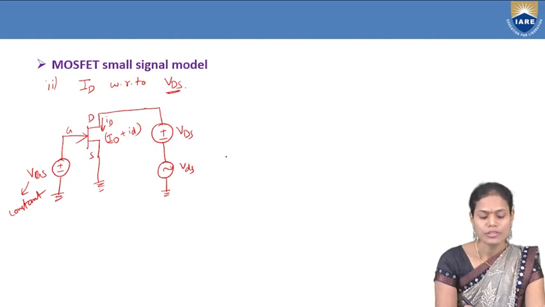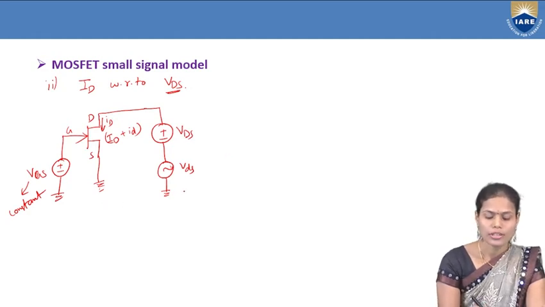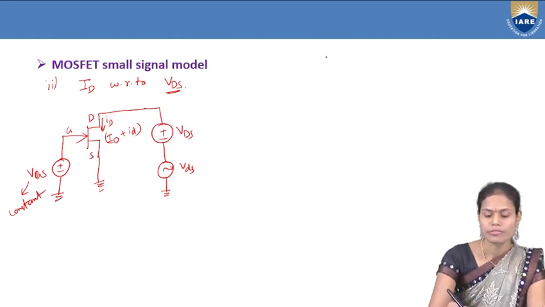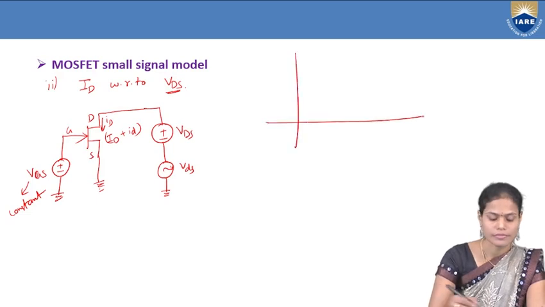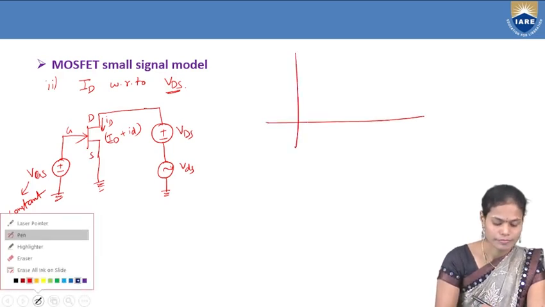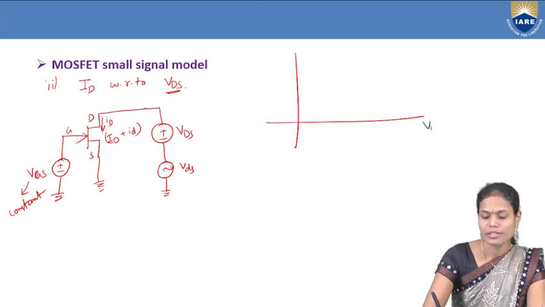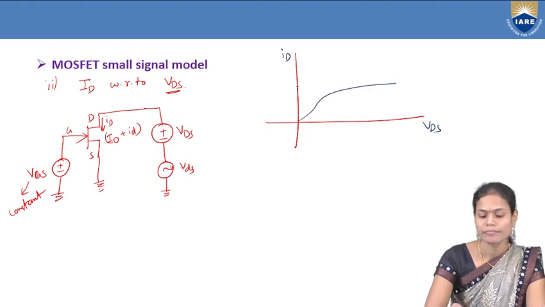Okay. So in this particular analysis we will get the curve in this way, that is VDS versus ID. Now we will get it like this here.